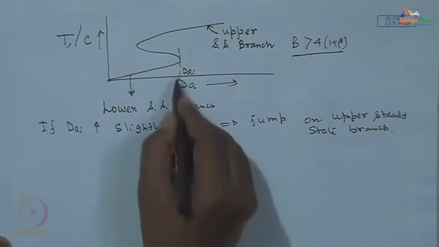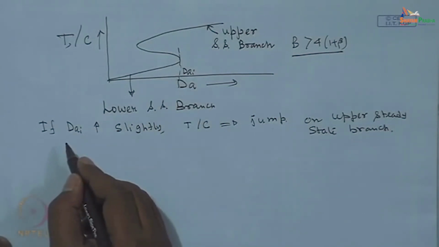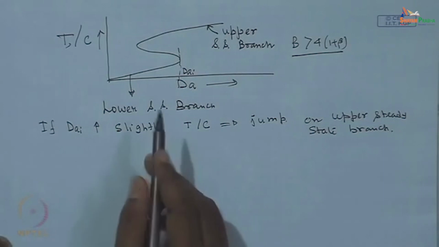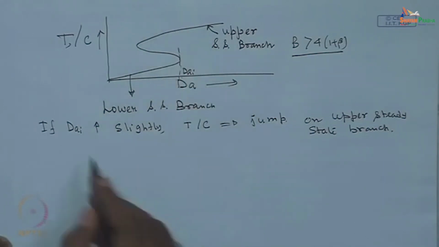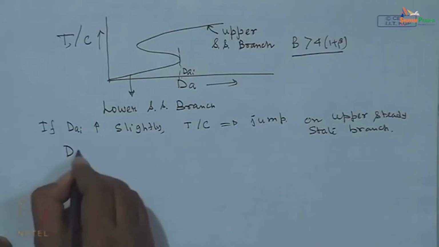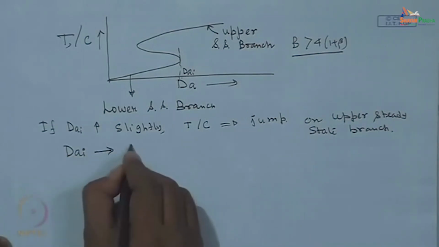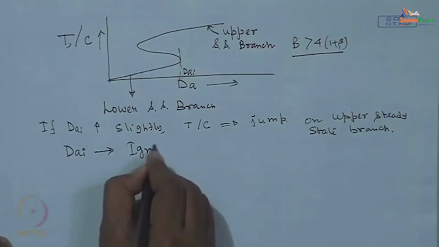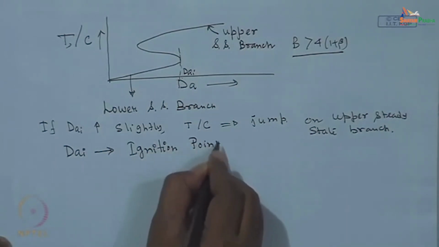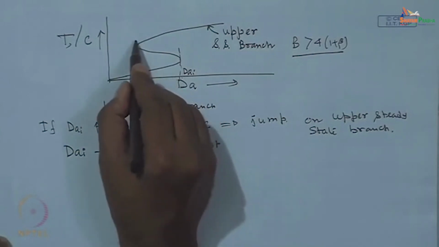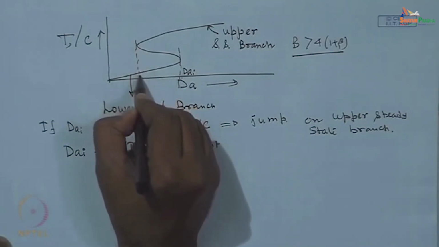Therefore, dAi is called an ignition point. If you slightly increase it beyond dAi, it will go to the upper steady state branch. So, dAi is called the ignition point. On the other hand, the other limit is dAe.